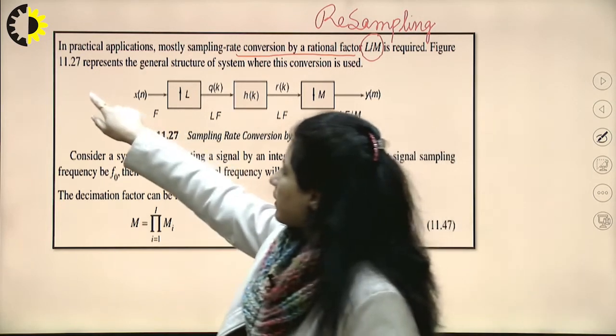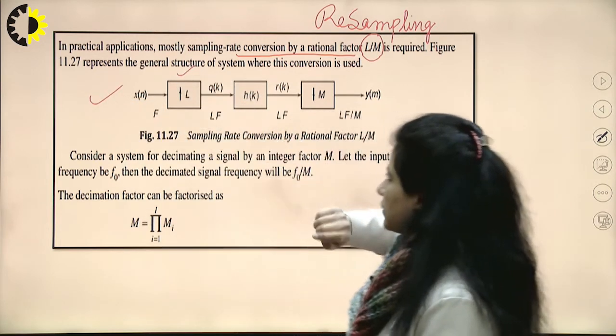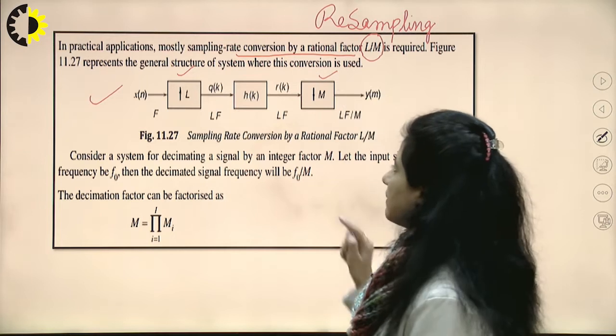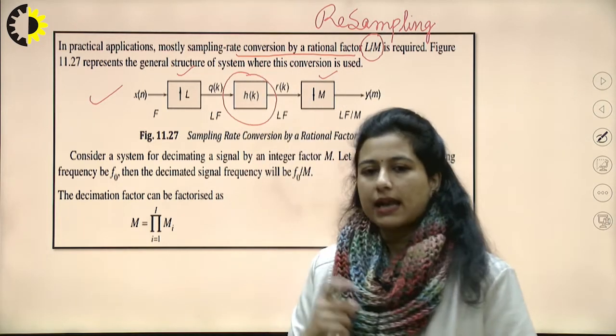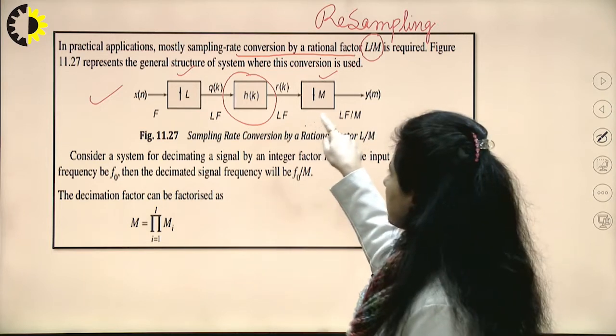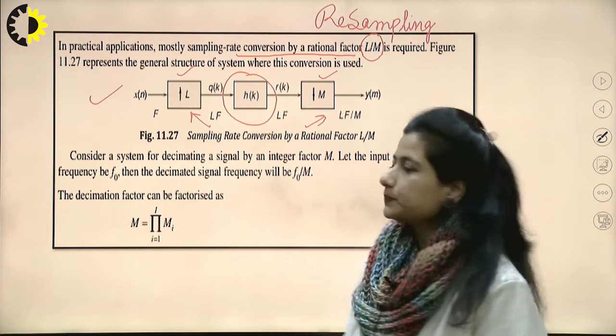First I perform interpolation, then I perform decimation, and this intermediate filter would work as the anti-aliasing filter for the decimator and the anti-imaging filter for the interpolator.